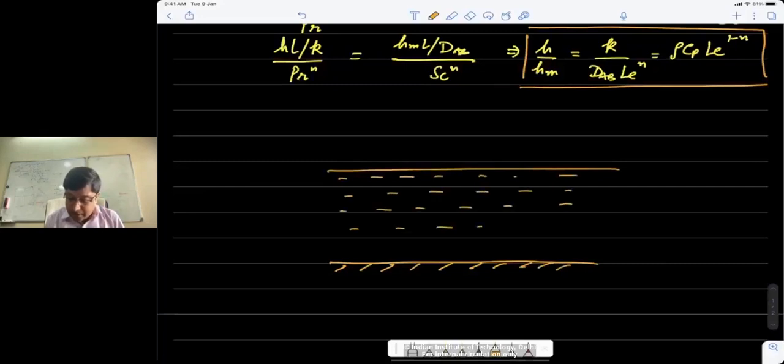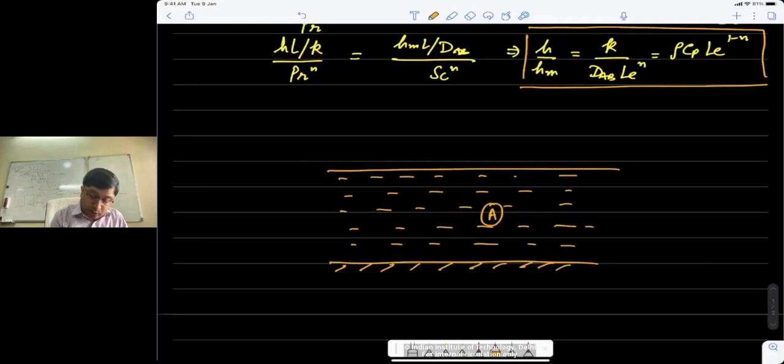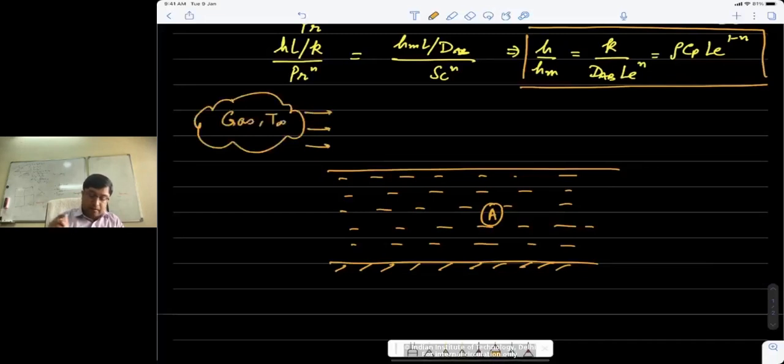The liquid is some species A, and around this liquid there is a gas which is flowing over it. The gas temperature is T infinity. Think of it this way: A is maybe water, and the gas is maybe air, which is flowing over this water surface. Specifically, what we are dealing with is an example of evaporative cooling.